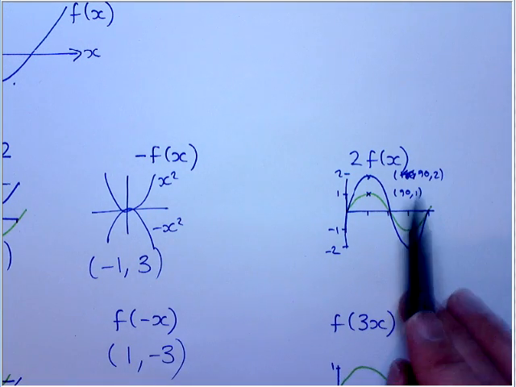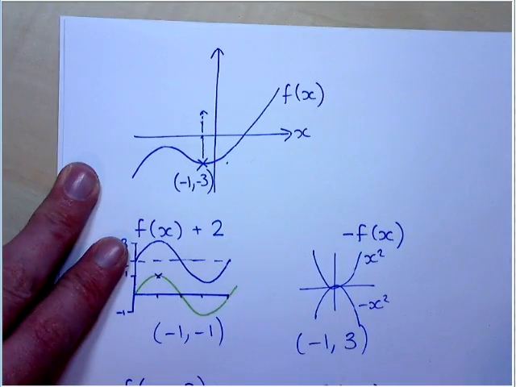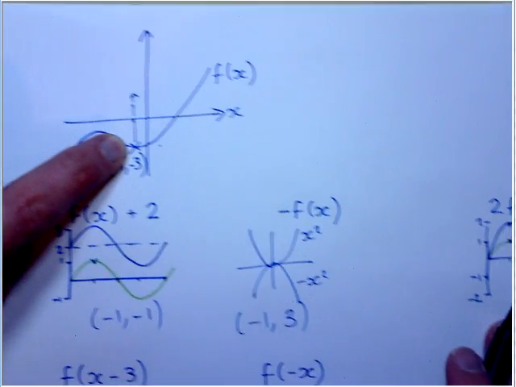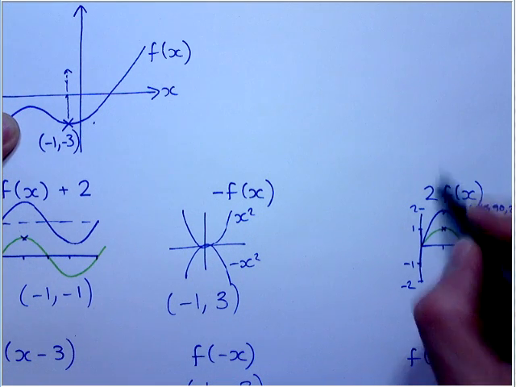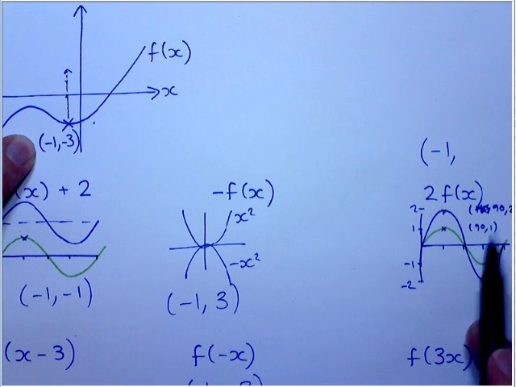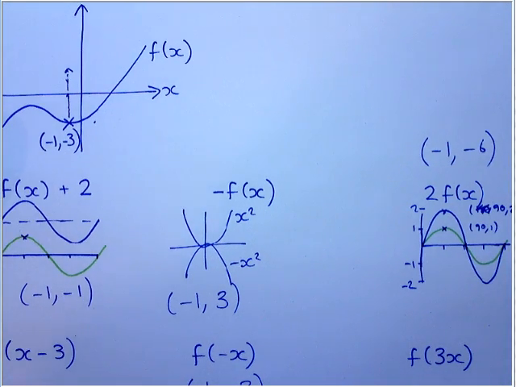So our x's are going to stay the same, and our y coordinates are going to double, because it was a 2 basically. So the x's will stay the same. So see if I can get this in one shot. Here we go. So the x's are going to stay the same, so it's -1, but the y coordinates are doubling, so that's going to be -6. It's going to be down here somewhere.